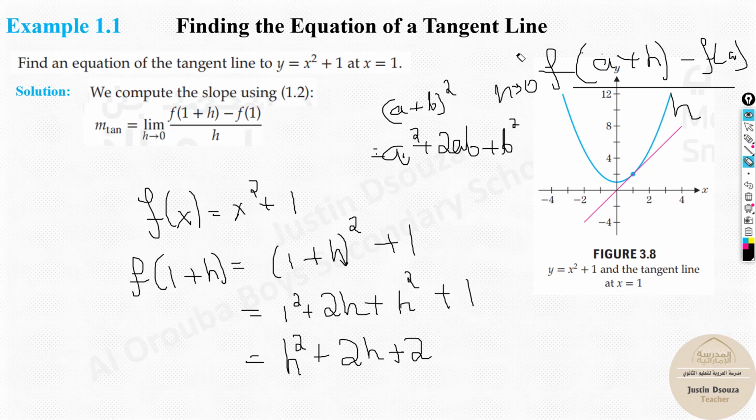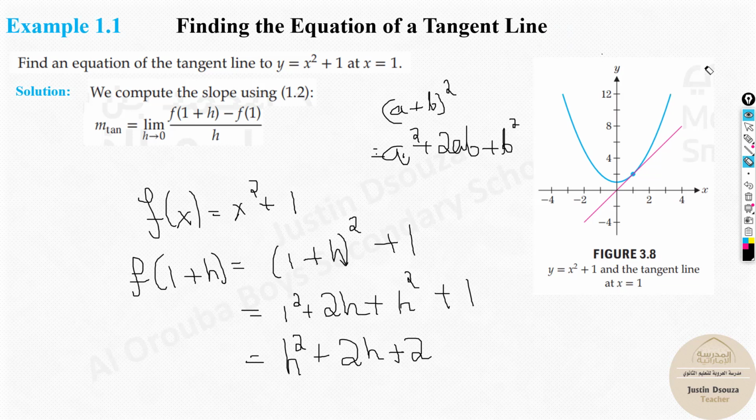That is what happened. Now here, what did we do? f of 1 plus h. What is f of 1 plus h? In the given equation, wherever there is x, you should just put whatever is there over here. So for f of 1 plus h, we have been given the function y, that is f of x, equals x square plus 1.